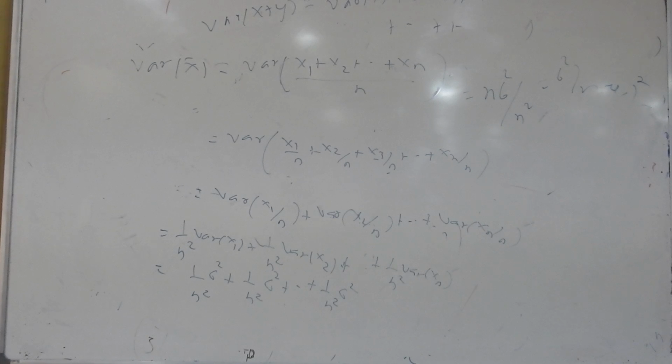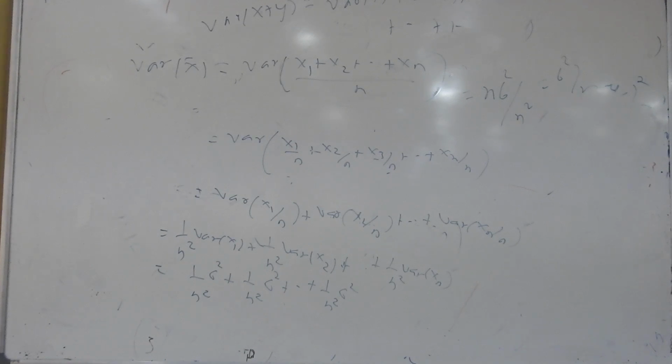Look at it like this. Think of x1, the first household, coming from a population with some variance sigma square. If I just pick one x1, that will have the same variance as the population variance sigma square. If I pick another x2, that will also have the same variance as the population variance.